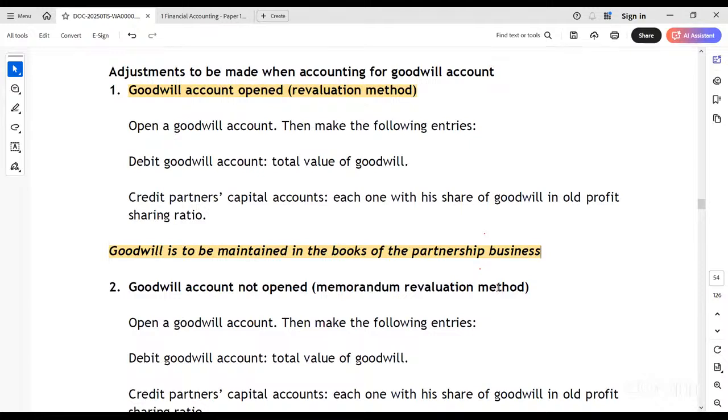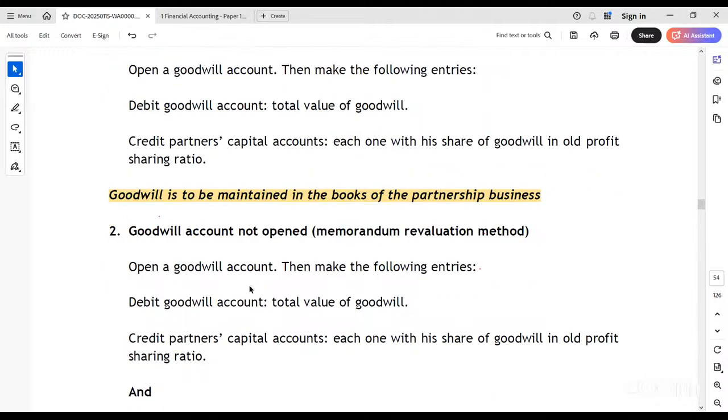So here the point is, yes, we open up the goodwill account, but the goodwill is written off immediately. The value of goodwill has to be written off immediately. In other words, here we don't maintain that goodwill in the books of the partnership business.